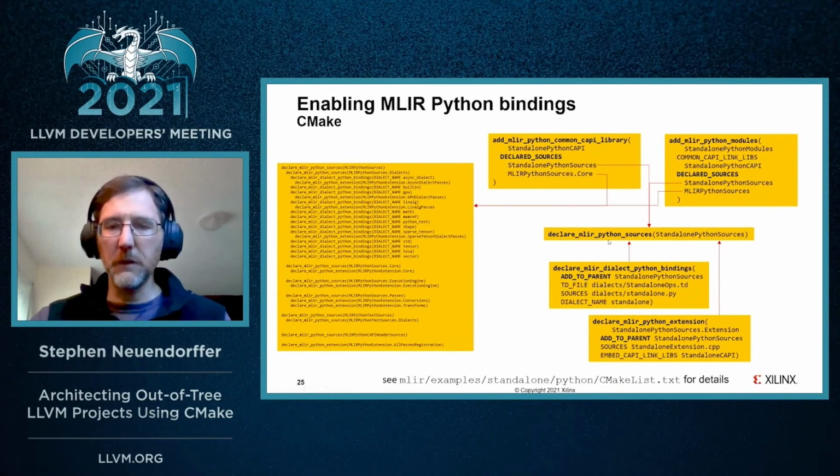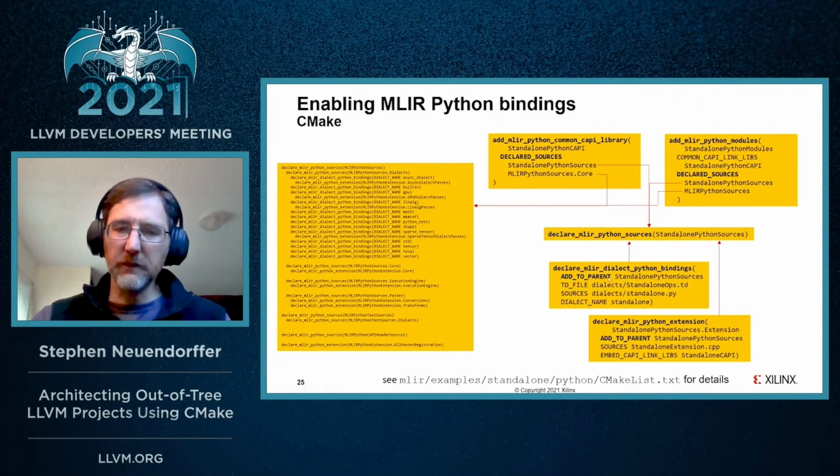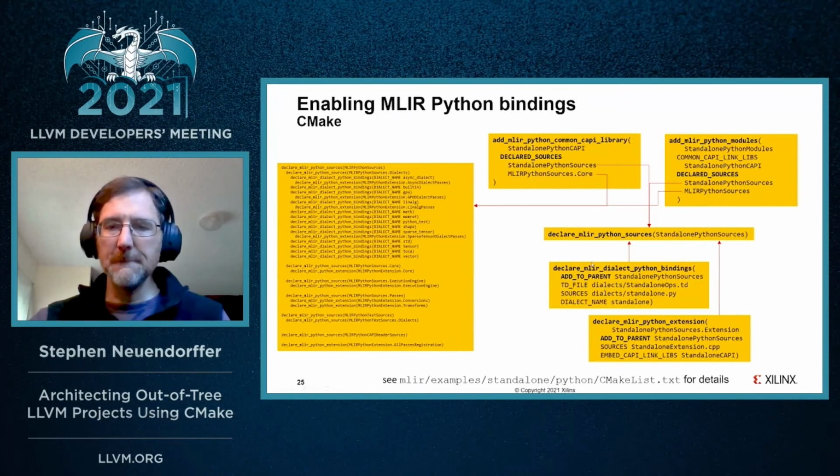In this case, at the top level, there's a Python source extension that actually doesn't contain any Python sources, but is just here to exist as a container for the other extensions that we have. So the key thing to recognize is the add to parent option, which specifies the containing extension of a particular Python extension that we're trying to build.